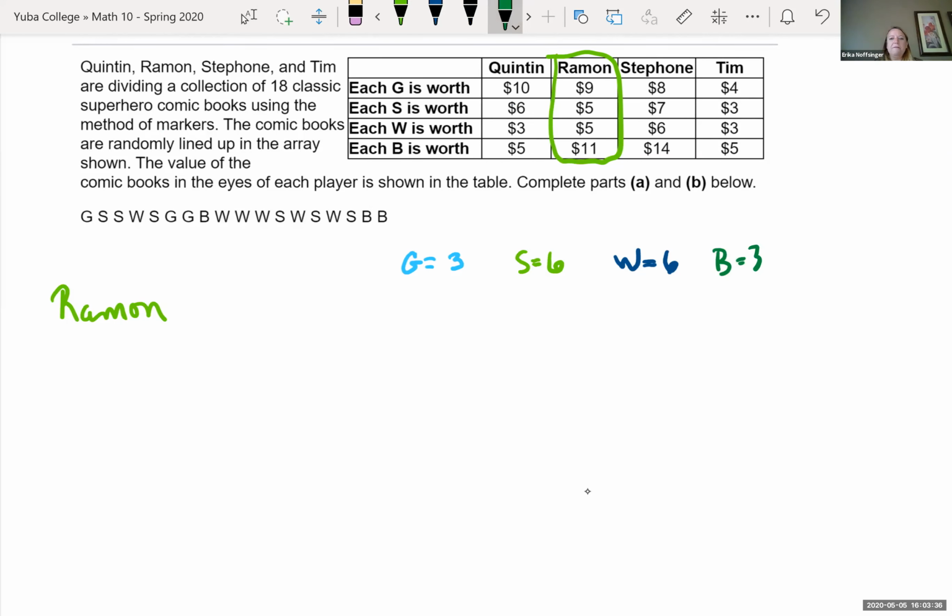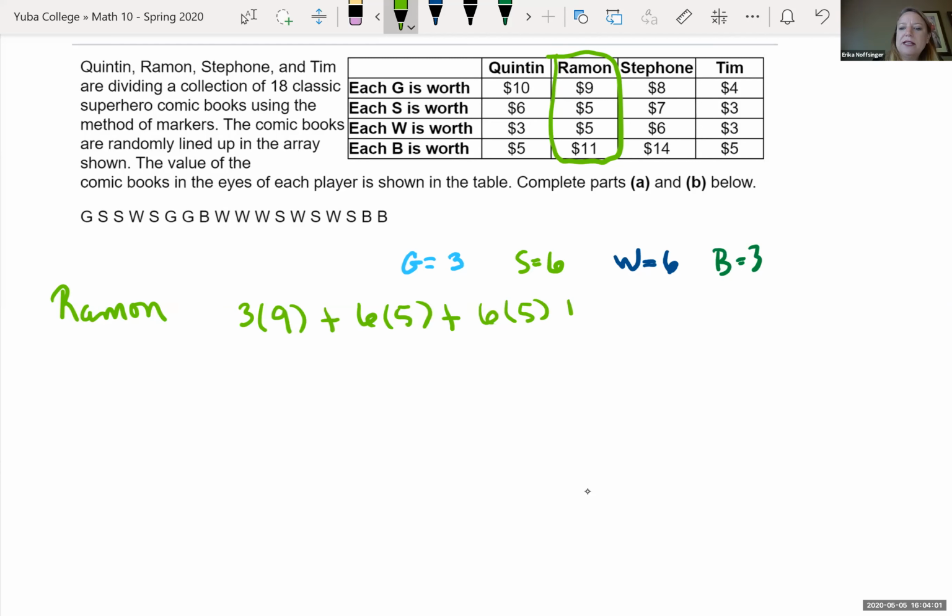Okay. So for Raymond, we got $9 for G, and there's 3 comic G books. So we got 3 times $9. Plus for S, there's 6 of them, so 6 times $5. Plus W, there's 6 of them, times $5.